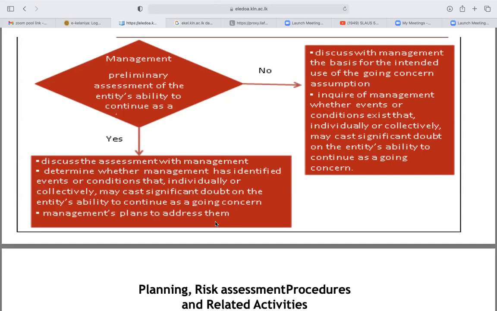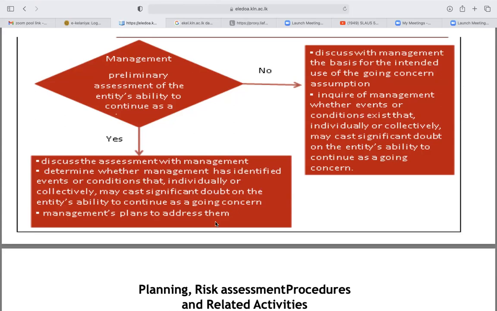We need to understand that. So you need to discuss the assessment with management, and then determine whether management has identified events or conditions that individually or collectively may cast significant doubt on the entity's ability to continue as a going concern. When you are doing the assessment, you may come across some events that management has missed, right? So in the Bogle scenario, he said this will continue for another 30 years, right?